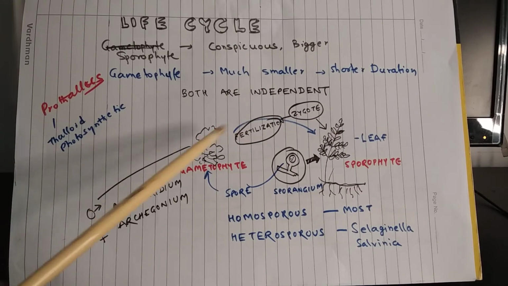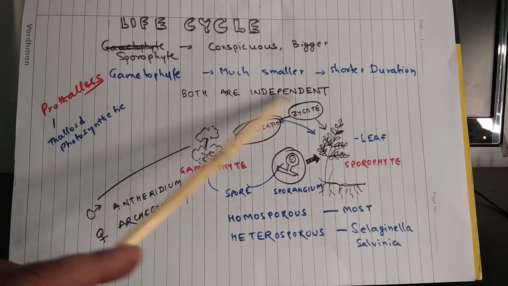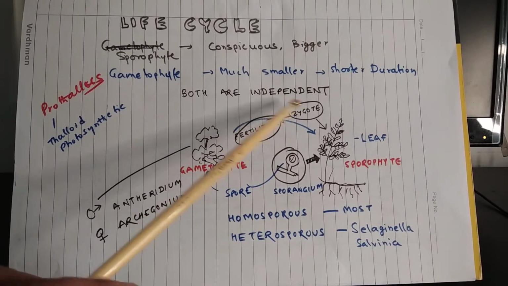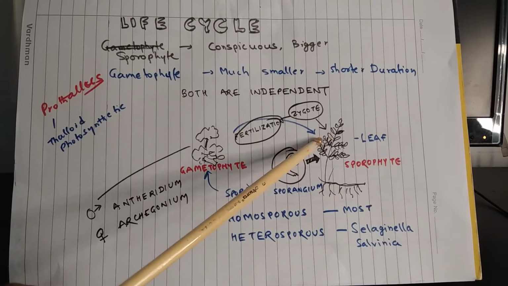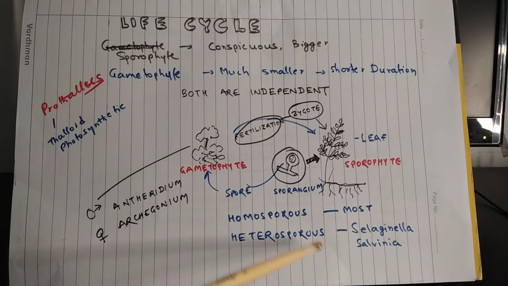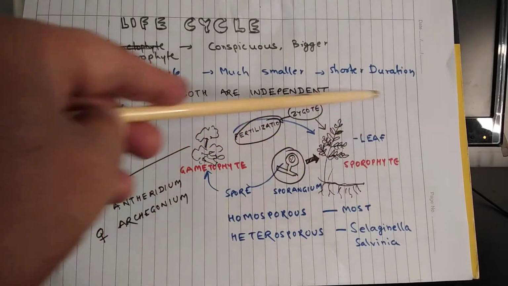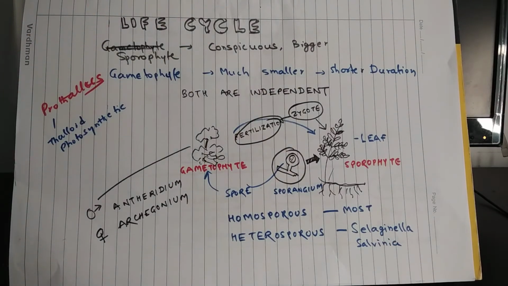Once fertilization takes place, the zygote is formed and the zygote is diploid, so it has 2n number of chromosomes. These zygotes further develop to form the Sporophyte. That is how alternation of generation takes place. This is the Sporophyte phase and this is the Gametophyte phase.